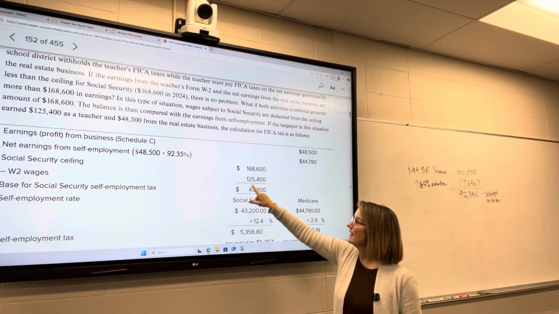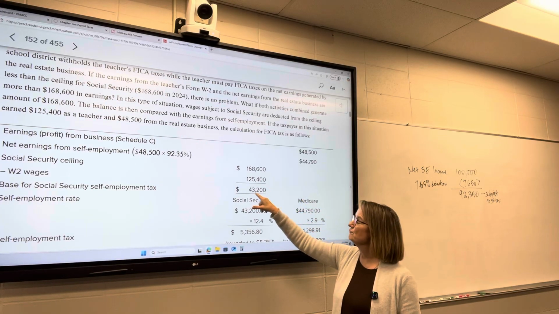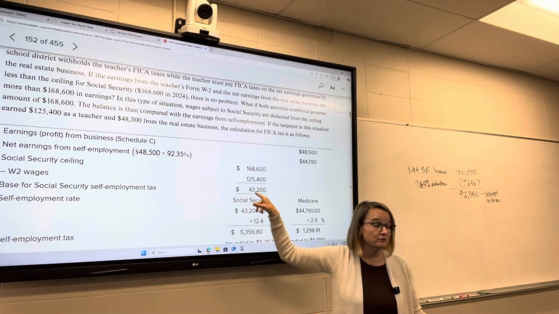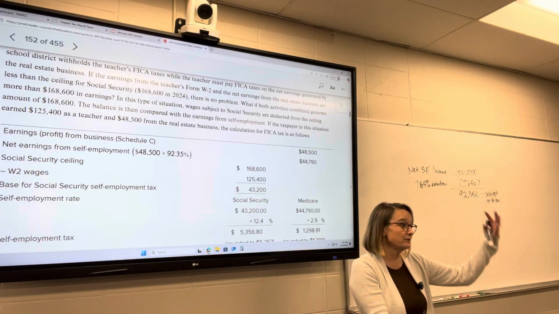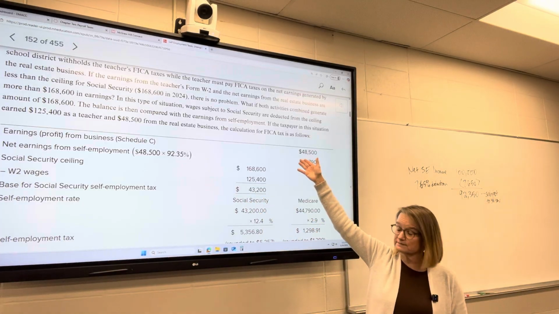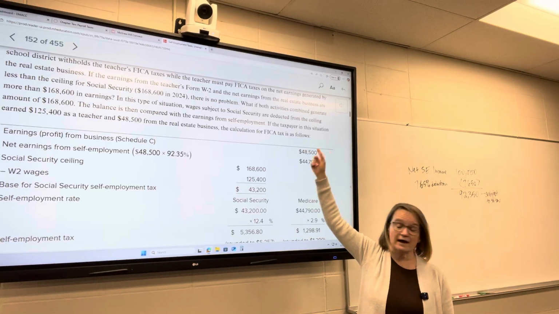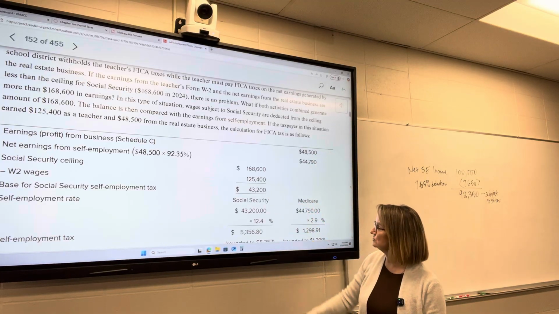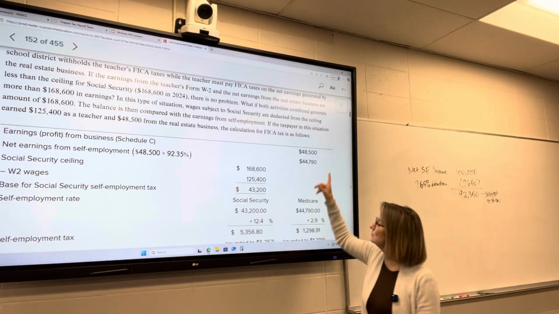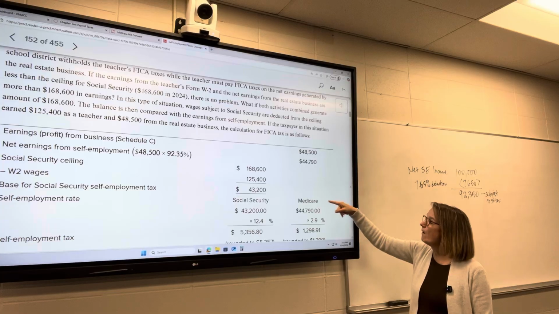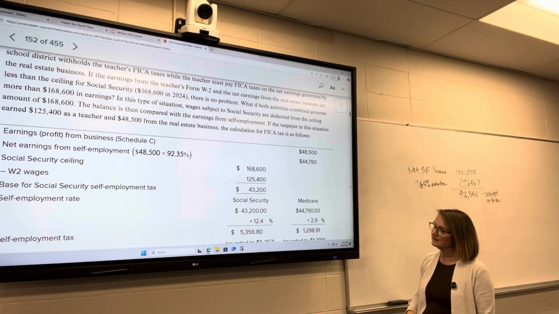Their W-2 wages were $125,400, meaning that they would have to earn an additional $43,200 before they got to that $168,600. Now they did earn more than that $43,200, but the most that would be subject to Social Security tax is $43,200. All of that, though, is going to be subject to Medicare tax.